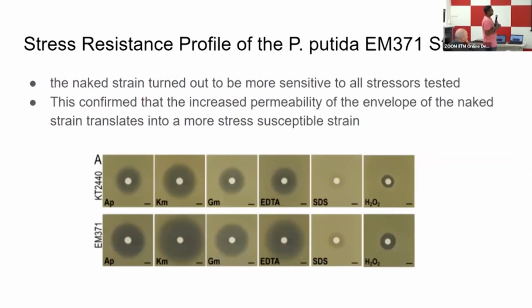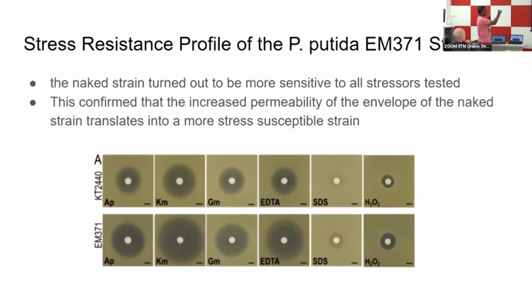Stress resistance profile of the modified strain. They checked different stress conditions, such as some antibiotics and also EDTA, SDS, and hydrogen peroxide. We can see that in the case of the parent strain, the inhibition zone is less, but in the modified strain, it is more.